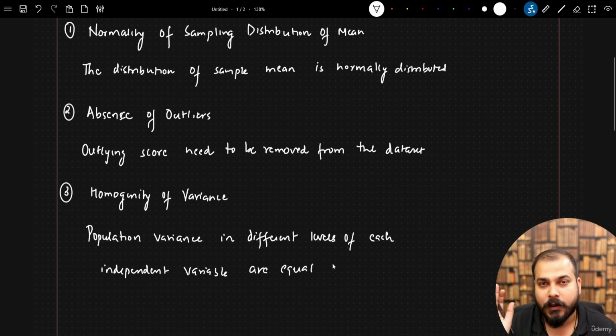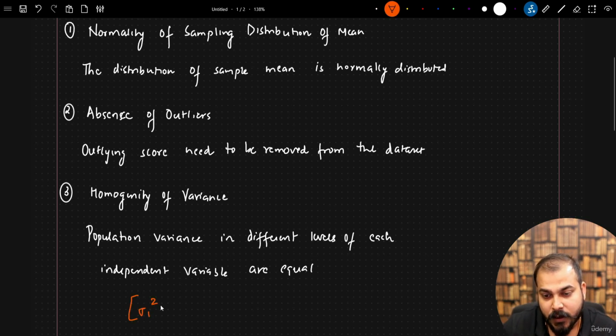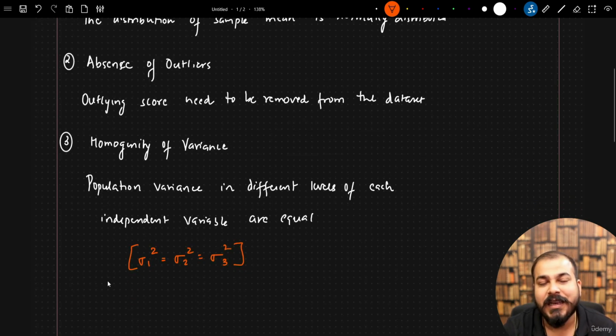Equal. I'm basically writing it as equal. So in short, I can also give this notation as sigma 1 squared equal to sigma 2 squared equal to sigma 3 squared, right? Let's say I'm considering 3 levels in an independent variable, then your population variance should be the same. Okay, so again I'm repeating it: population variance in different levels of each independent variable are equal. We'll talk about more independent variables, but as a generic term, independent basically means one variable will not impact the other variable. So this is basically called an independent variable.